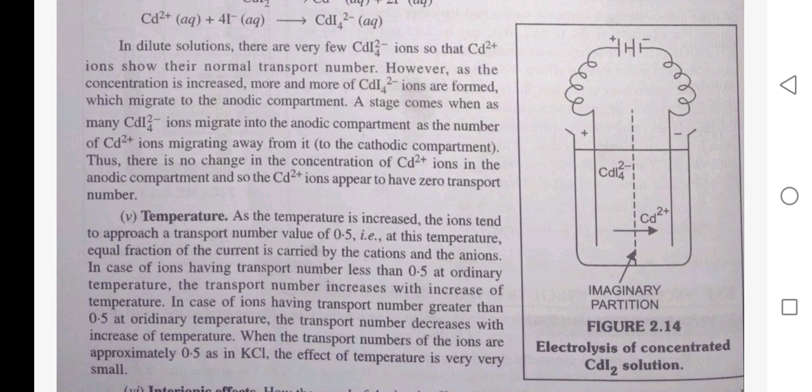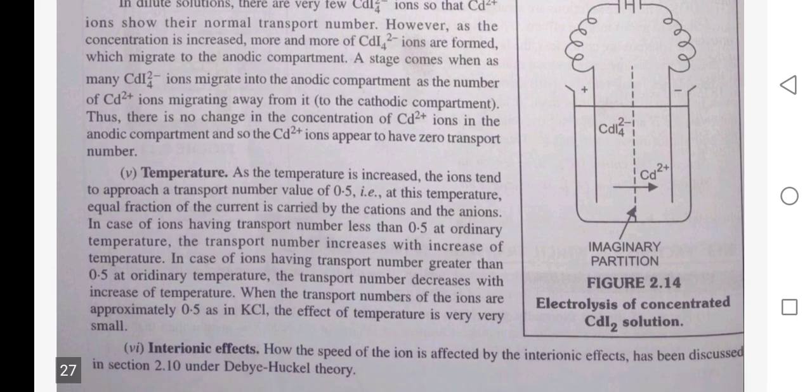However, as the concentration is increased, more and more CdI4 2 negative ions are formed, which migrate to the anodic compartment. At a stage, as many CdI4 2 negative ions migrate into the anodic compartment as the number of Cd2 positive ions migrating away from it. Thus, there is no change in the concentration of Cd2 positive ions in the anodic compartment, so that Cd2 positive ions appear to have zero transport number.